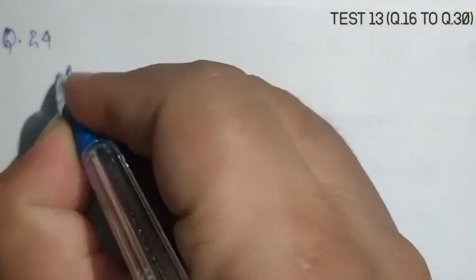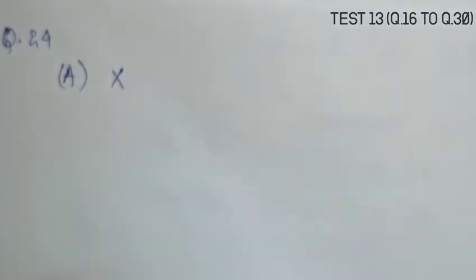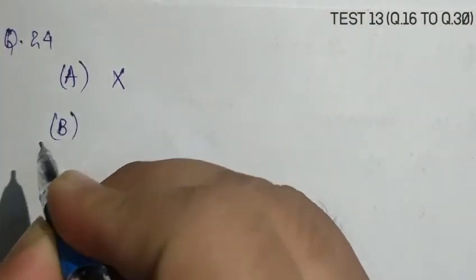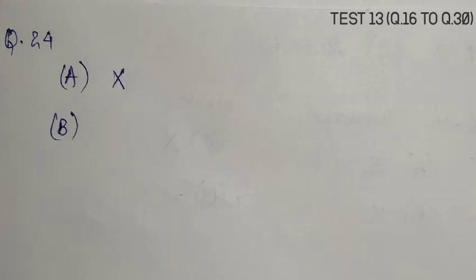Question number 24. Lungs do not collapse between breaths and some air always remains in the lungs which can never be expelled because A. there is a negative pressure in lungs. This statement is false, internal pressure can change. B. There is a negative intrapleural pressure pulling at the lung walls.